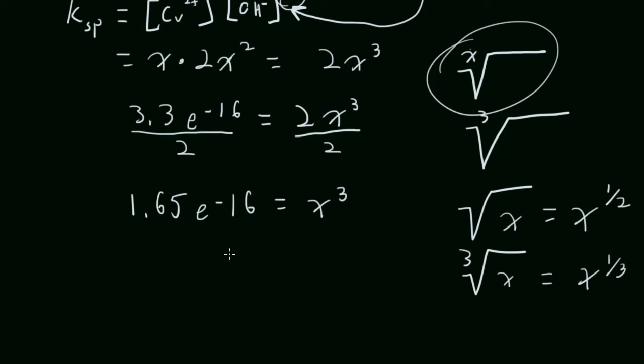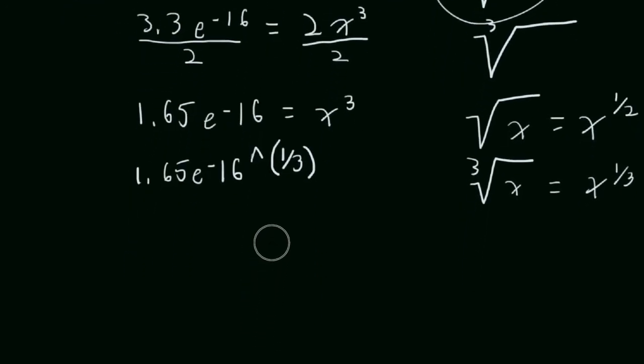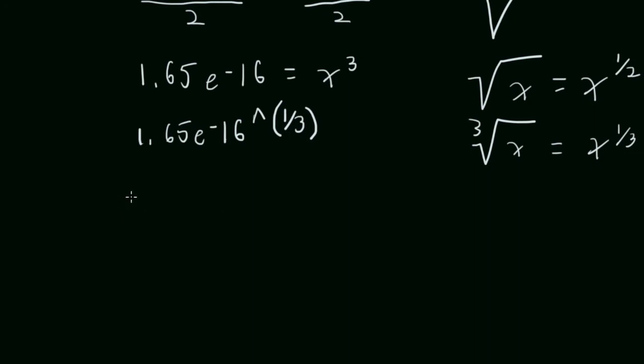But this is where we need to be very careful when we enter things into our calculators. I'm going to enter 1.65 e negative 16, and then take it to the power of, and I'm going to use parentheses, 1/3. What would the calculator think if I did not use this 1/3? It would think I meant to do 1.65 e negative 16 to the power of 1 and then divide the whole thing by 3.